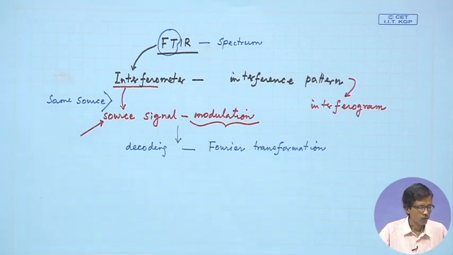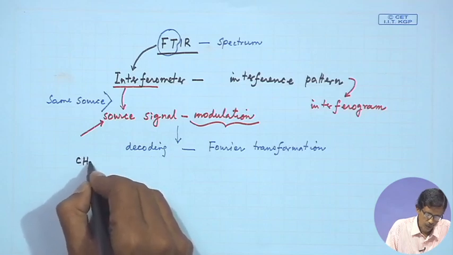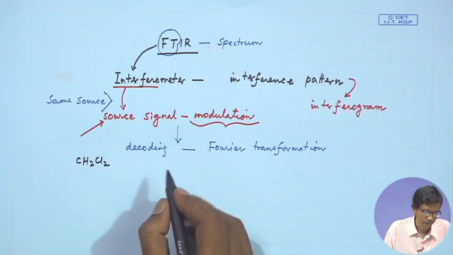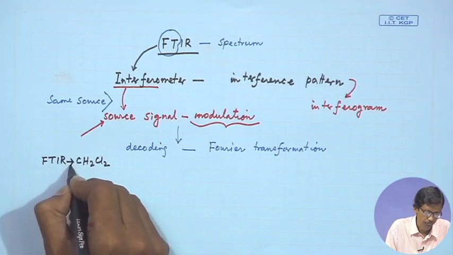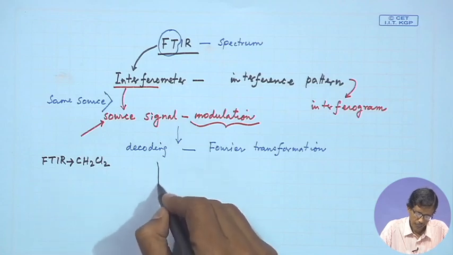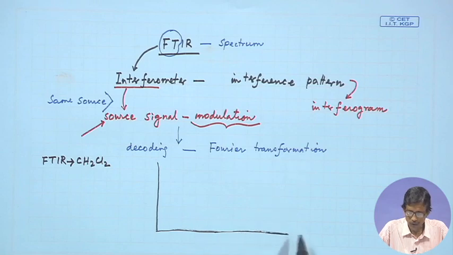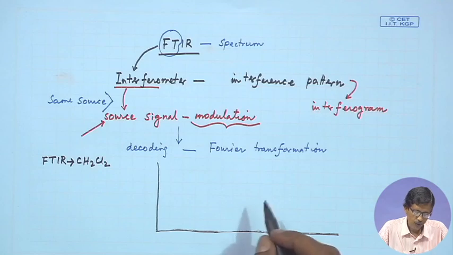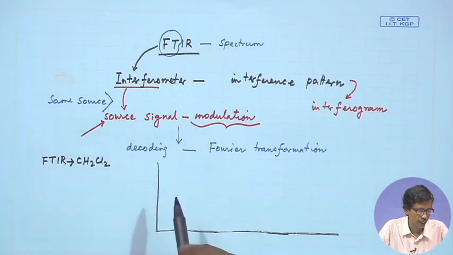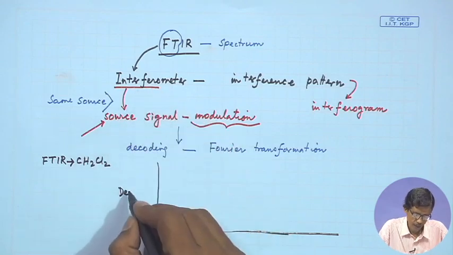And what we find here, if we take a very simple sample like dichloromethane, is this. If we want the FTIR spectrum of dichloromethane, what will the detector see? Very soon we will also see the block diagram of the whole instrument, where you have the source, the modulator and all these, and the interferometer.